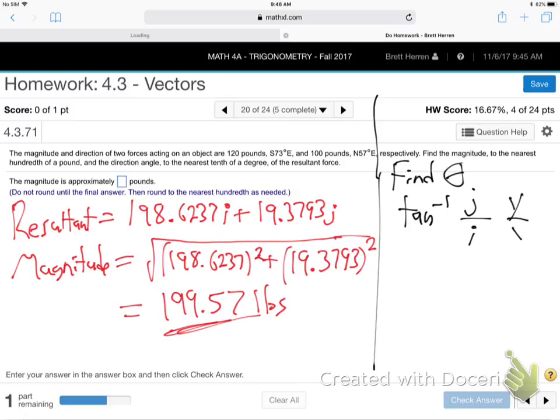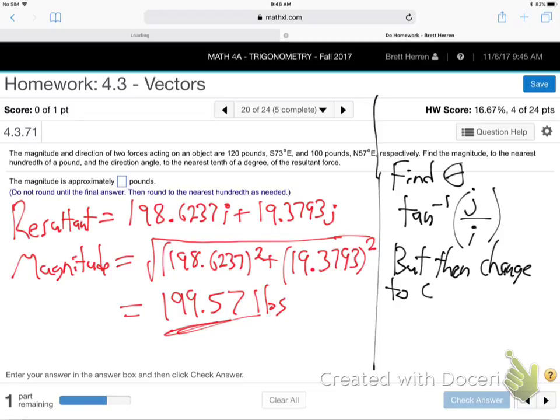Because tangent is always y over x, right? So that's j over I. J is up, down, I is sideways. So you always do the inverse tangent of j over I, but then change to the correct quadrant, because that assumes first quadrant.